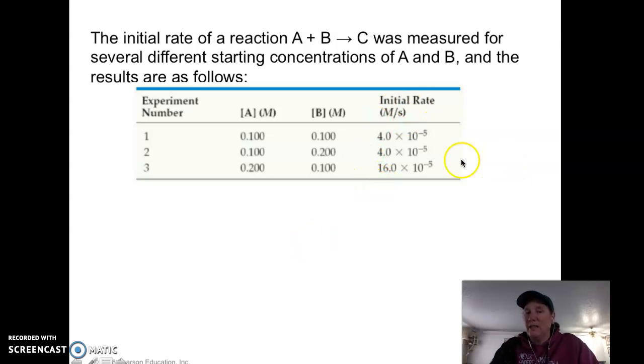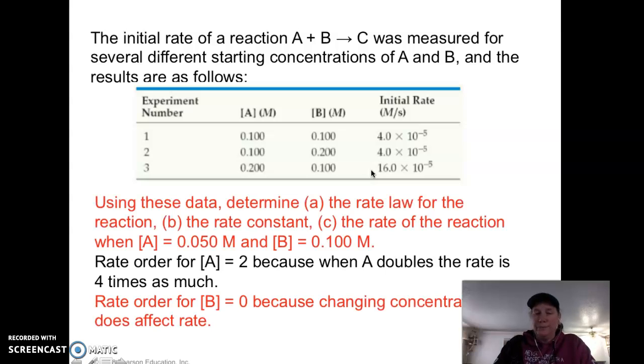This would have to be 64. And you can go more than that, but we're just going to go 0, 1, and 2. So this is a 2 because it doubles, but this quadruples. And then this one, it doubles, but this one stays the same, so that's 0. So that's 0, 1, and 2.